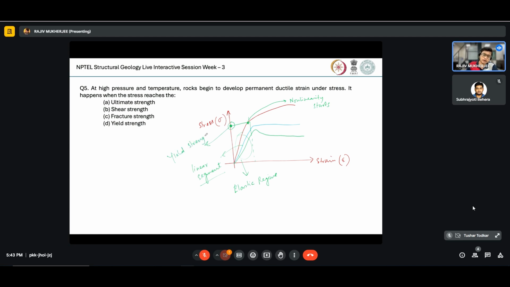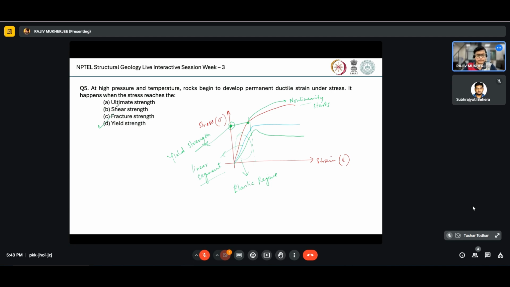Now when the material crosses the yield strength at high pressure and high temperature, it shows ductile deformation that results in this non-linearity between stress and strain. Therefore, when the rock begins to develop permanent ductile strain, it has to cross the yield strength, and therefore option D is the correct answer.